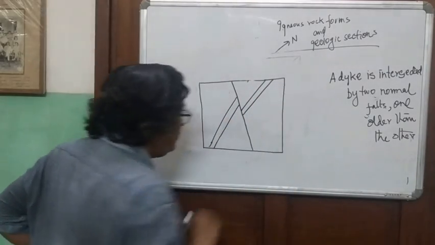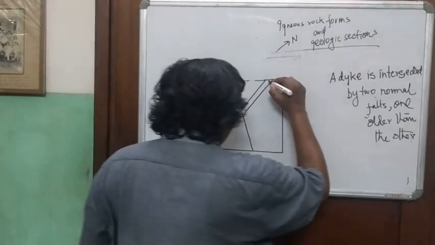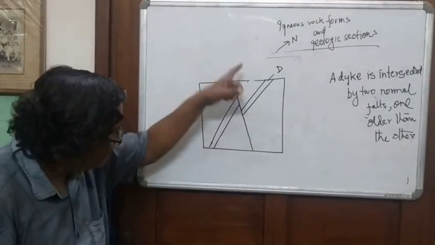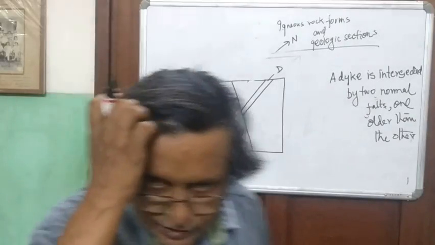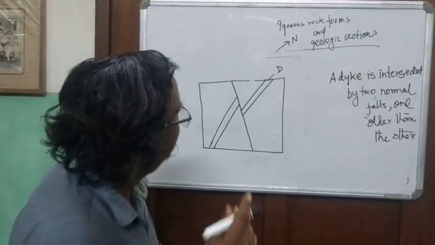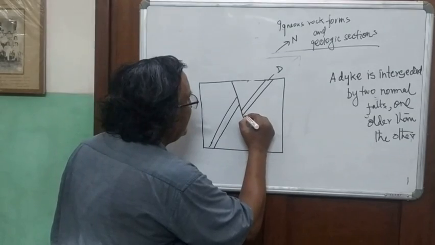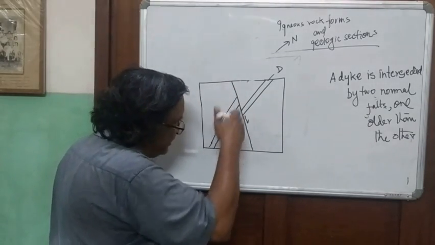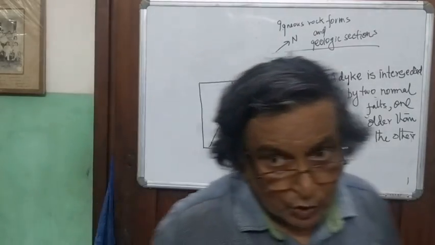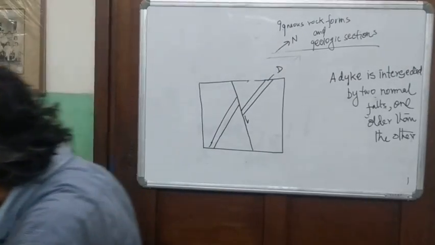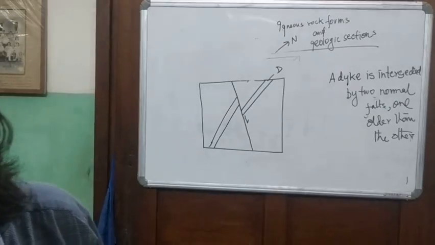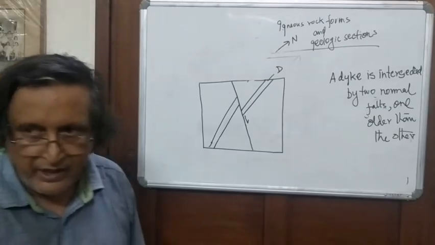What did I do? This is the dike. I have faulted it by a normal fault. Yes or no? This is very clear. One dike and I have faulted it. You see the hanging wall has gone down relative to the footwall. So I have faulted the dike but once. But it says there are two normal faults, one younger, one older.